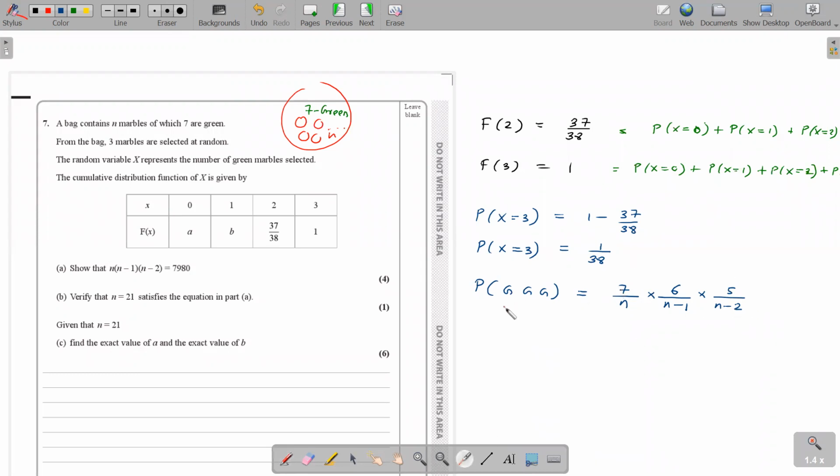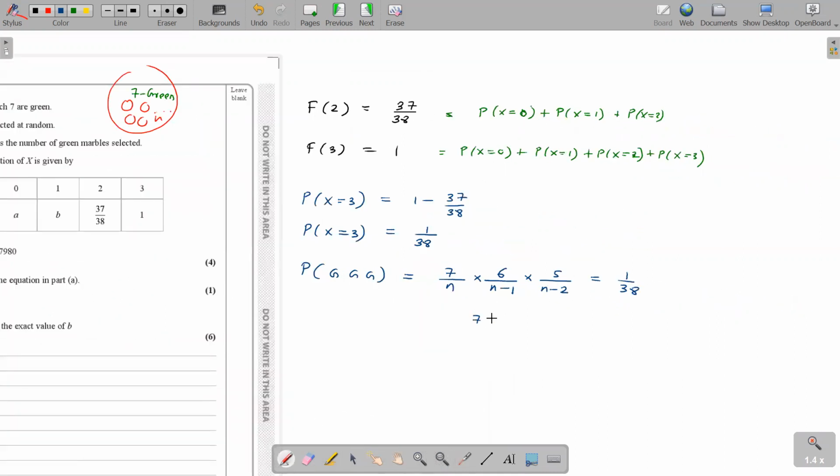And don't we know this answer? The probability x equal 3 is 1 over 38. So simplify, children. 7 into 6 into 5, and 38 I bring to the other side, equals n into n minus 1 into n minus 2.